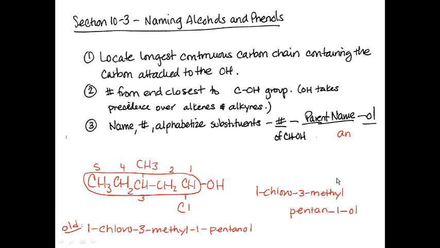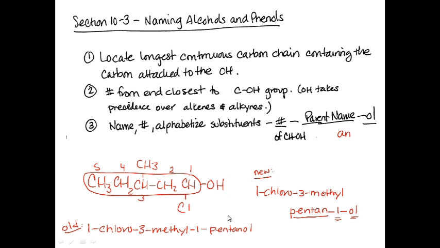So in the new IUPAC system, they simply write out the longest chain parent name, add the number of the OH group, and then add the -ol like this. Honestly, I have no idea how long they've changed this rule for, but this is what's in the textbook. I'll accept either answer because I think not everybody's made the switch to the new system.